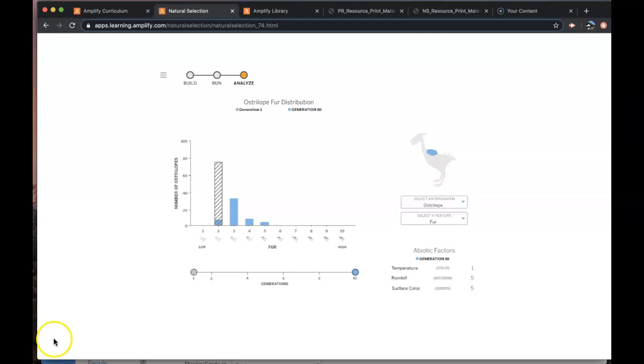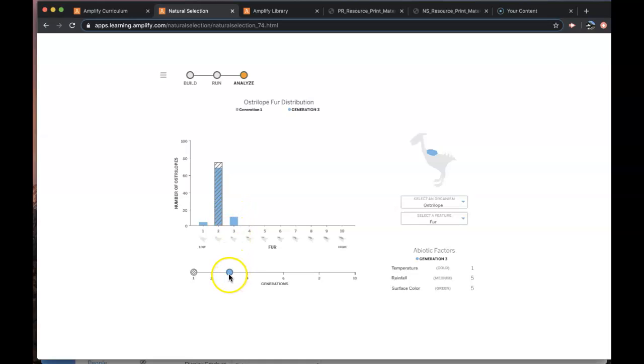that the non-adaptive trait of level 1 fur level was introduced between generations 2 and 5. So you can see that we started off here with just a 2, and then the non-adaptive trait of a 1 showed up between 2 and 5 through a mutation, because we know that it could only show up this way. It was not passed down to offspring by their parents, because the parents only had a level 2, so it had to show up through a mutation.